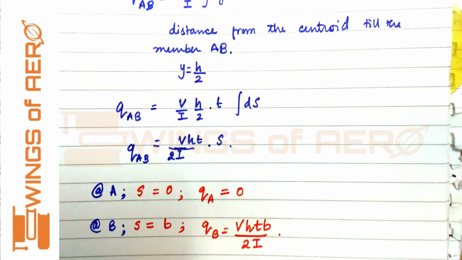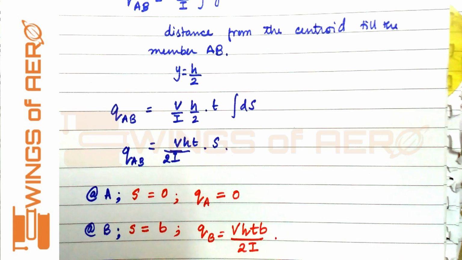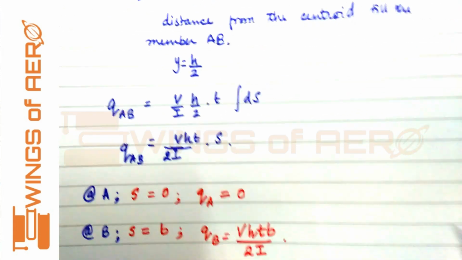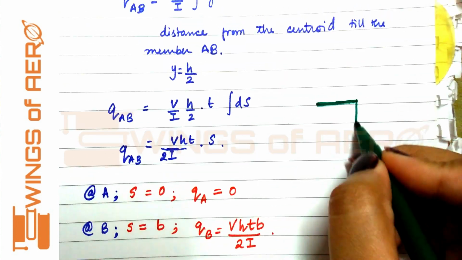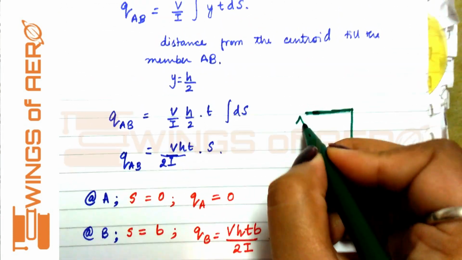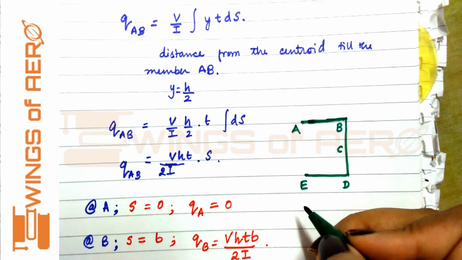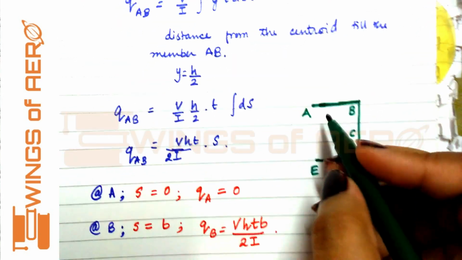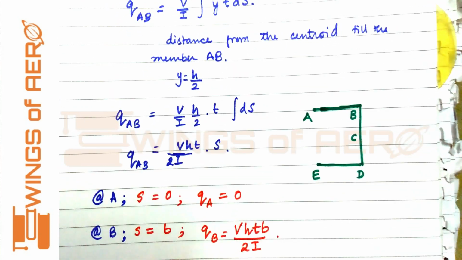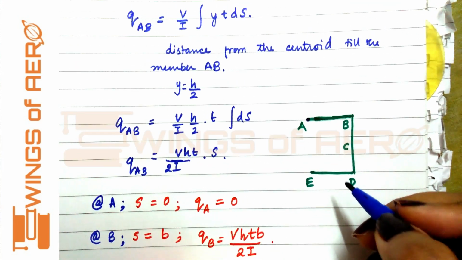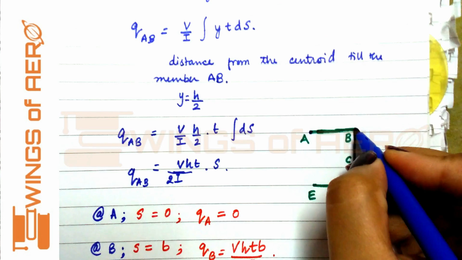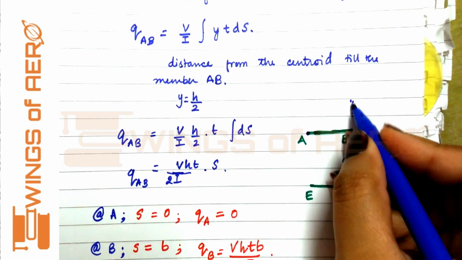Fine. Now after this, let's draw the section. Here at the point A, we have 0. The shear flow is 0. Now at the point B, we have some magnitude, vertically upward.